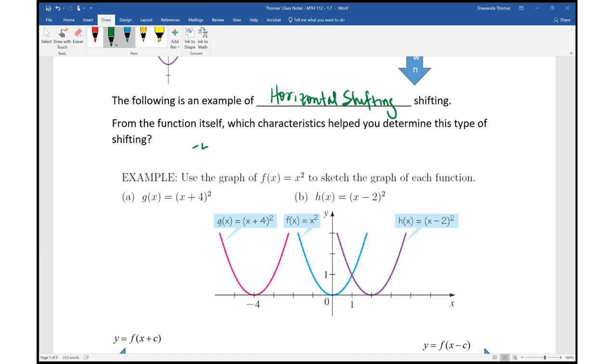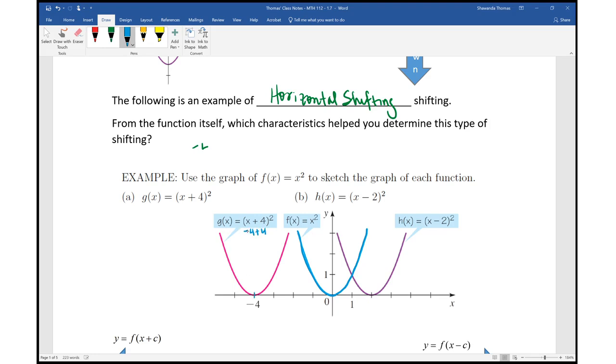Our original quadratic is where it normally is, at the origin, symmetric to the y-axis. But notice that g of x equals x plus 4. You think you're supposed to go right because it's plus 4. Nope, you go left.